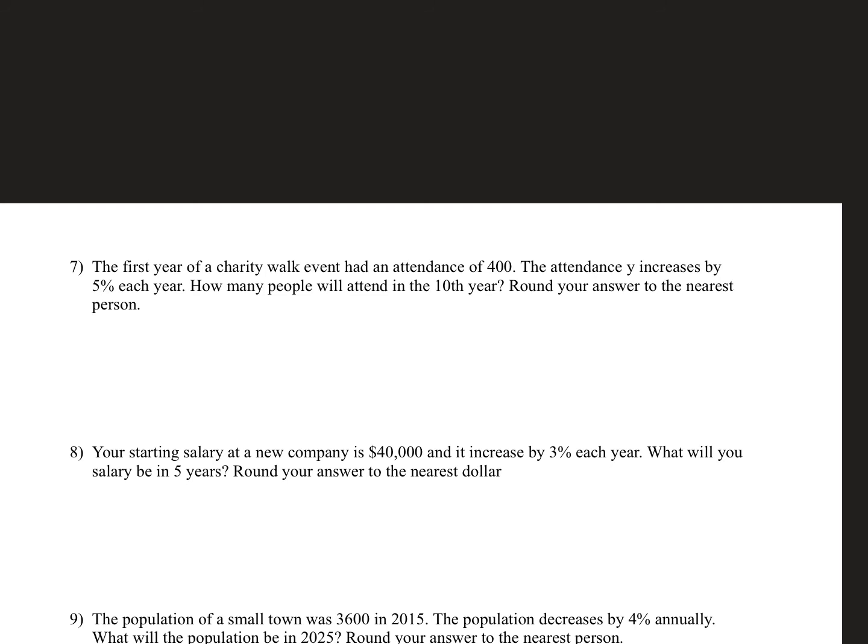So we have 2 formulas for our word problems. We have A is equal to A times 1 plus R to the power of T. And then our other one is A is equal to PERT, so P times E to the power of RT.